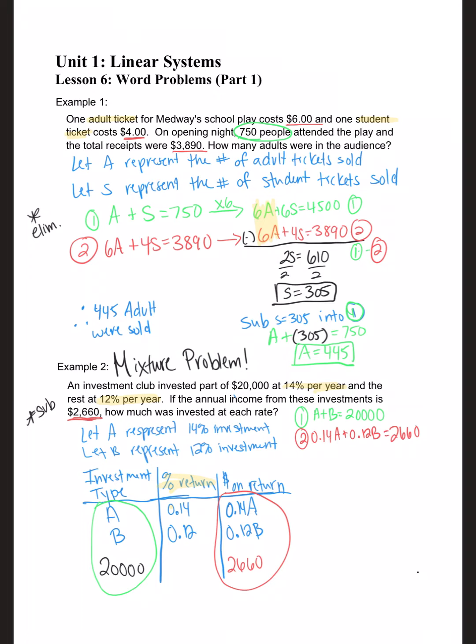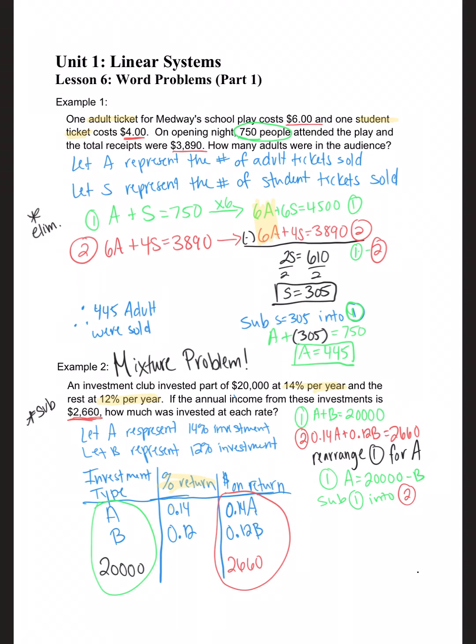So I'm going to rearrange equation 1 for A. So in my equation 1 now, I'm going to move B over to the other side of the equation. Okay, and then I'm going to sub equation 1 into equation 2.